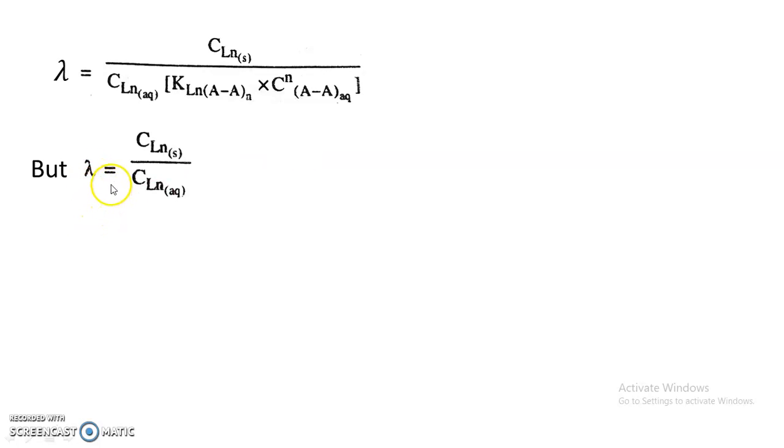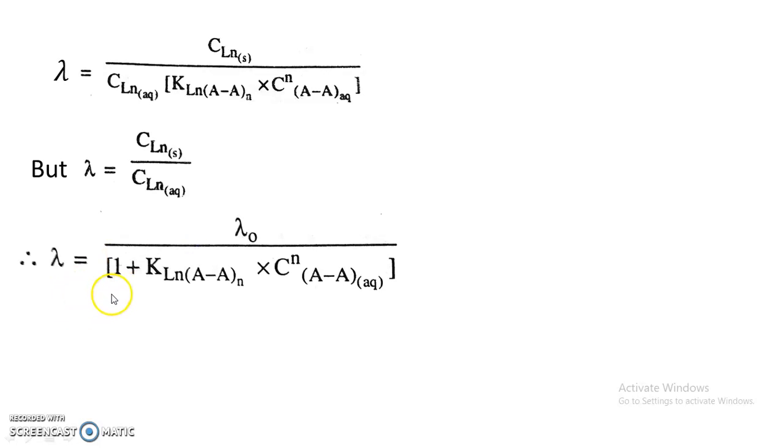But we know that lambda is equal to the concentration of lanthanide ion in solid upon the concentration of lanthanide ion in aqueous, and therefore lambda is equal to lambda 0 upon 1 plus K Ln An into the concentration of A aqueous raised to n.